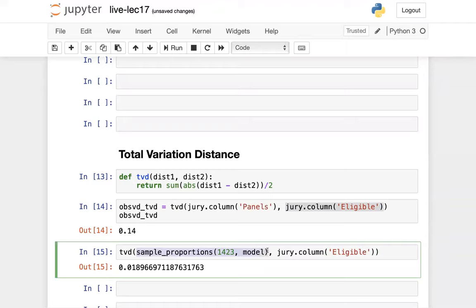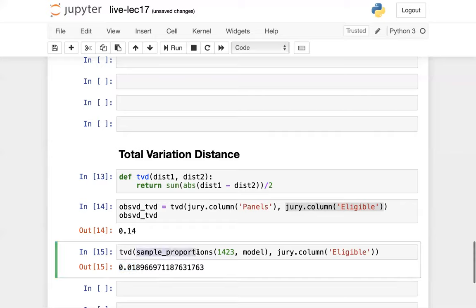We simulated 1423 people from the eligible population to be selected for a jury, randomly selected, and we compared the TVD of that distribution to the eligible. Oops, sorry. And in that case, we got a total variation distance of 0.01, so much smaller than the 0.14. So now you can get a sense of what does this 0.14 mean? Is it large? Is it small? This gives you kind of a hint here.